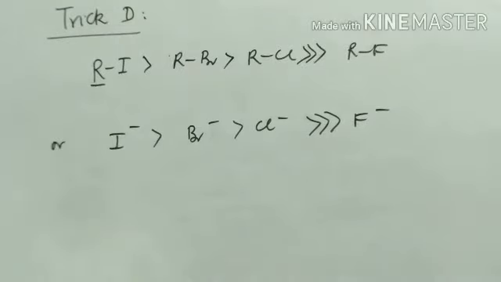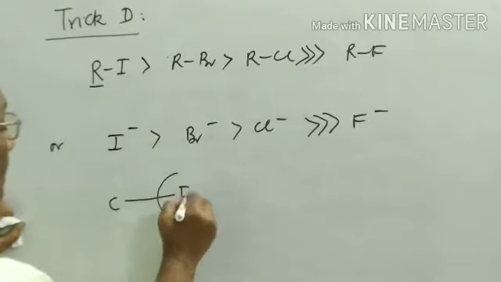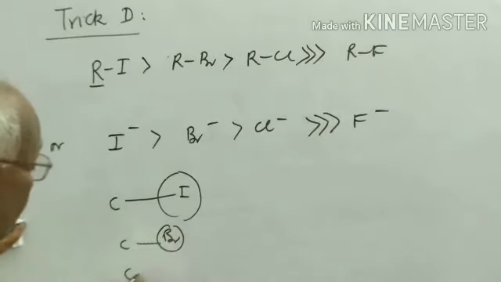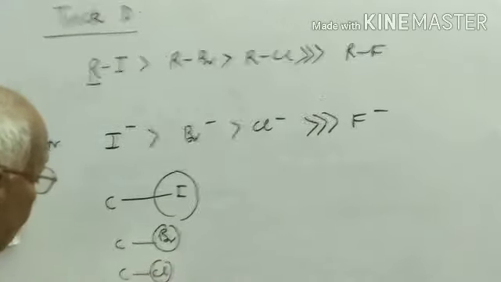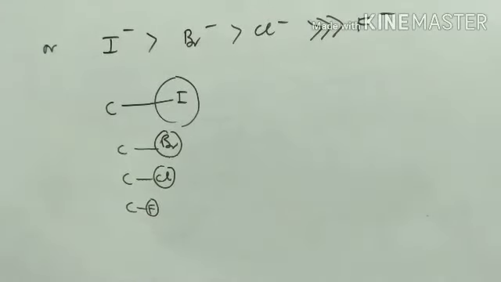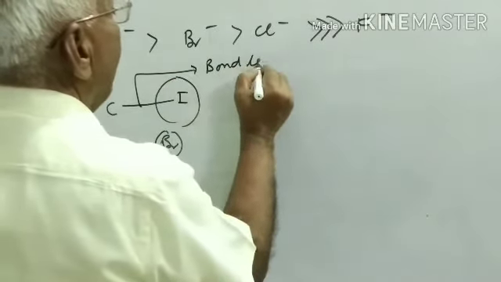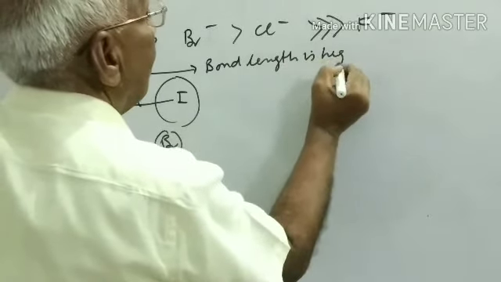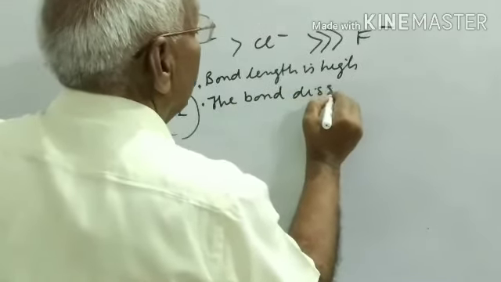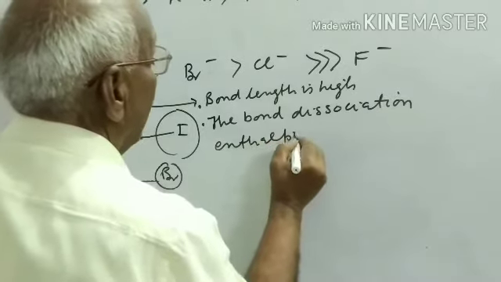The reason is this: if it is bonded to carbon, iodine is a bigger atom, bromine is a little bit smaller, chlorine a little bit smaller, and fluorine is very small. So the bond length is high and the bond dissociation enthalpy is low.